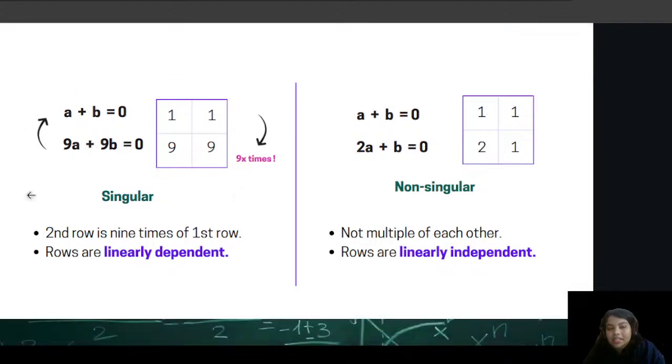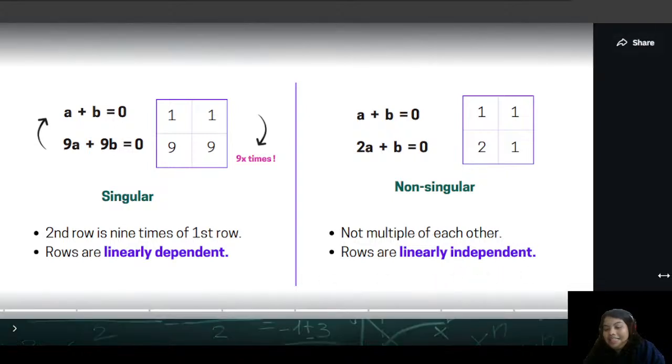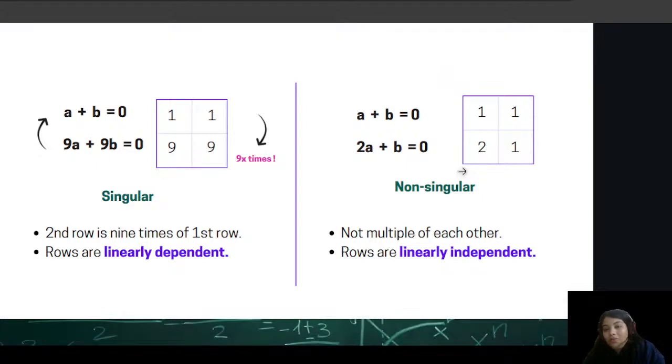On the other hand, on the right hand side, the system is non-singular because it is providing us a unique and informative system, two different pieces of information that are not multiples of each other, and the rows are linearly independent, with no way of manipulating them into each other. So we are saying that there exists a linear independence between them.